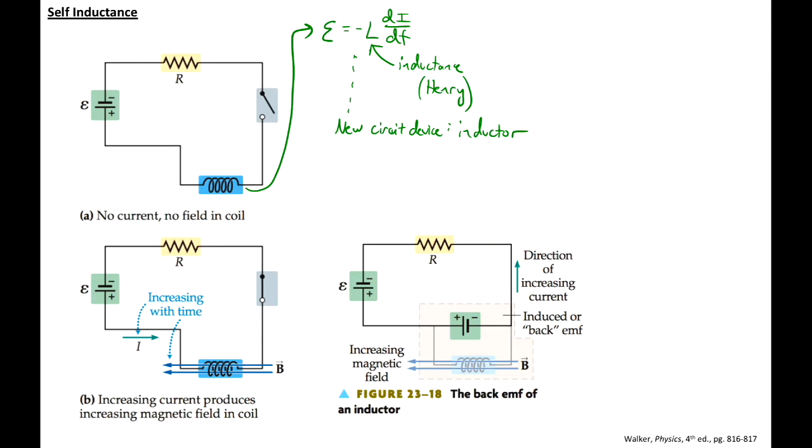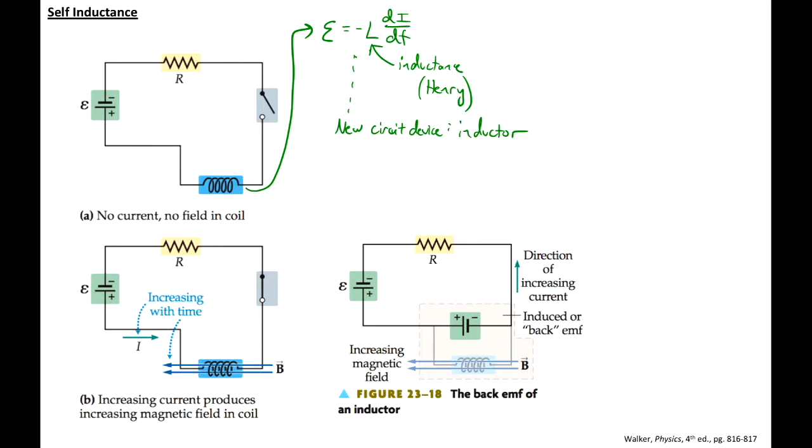So, first of all, take a look at case A up here on the top left. Notice the switch is open. Nothing is happening. We have an inductor. We have a resistor. If I then close the switch in the diagram below, well, you can imagine that DC source is immediately going to say, ooh, send current. The inductor says, no, thank you.